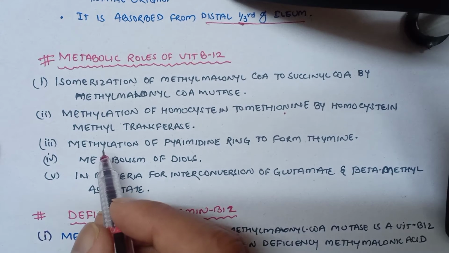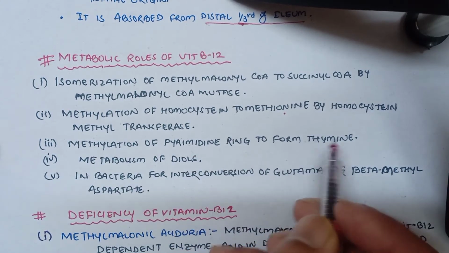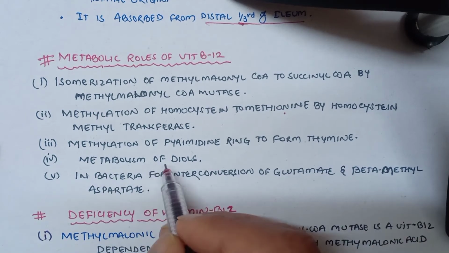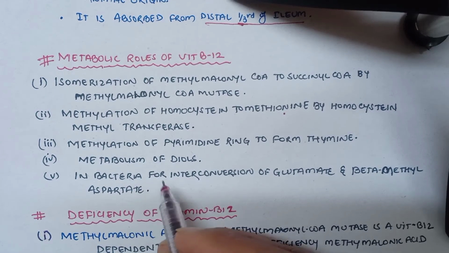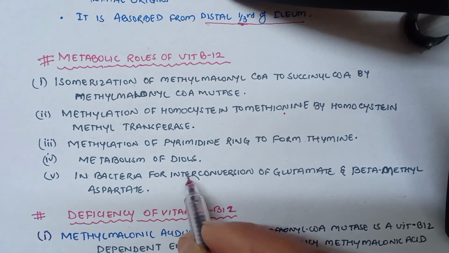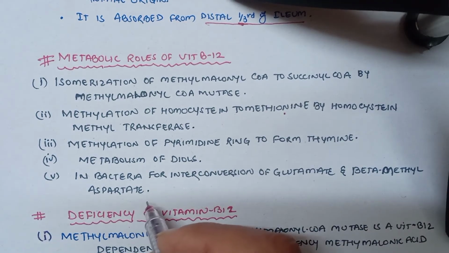Vitamin B12 also has a role in methylation of pyrimidine ring to form thymine and metabolism of diols. In bacteria, vitamin B12 causes interconversion of glutamate and beta-methyl aspartate.